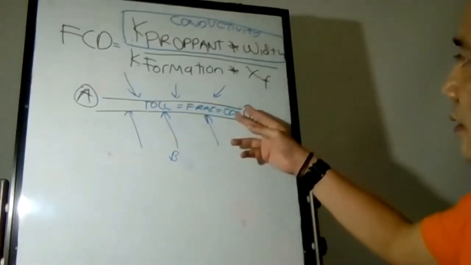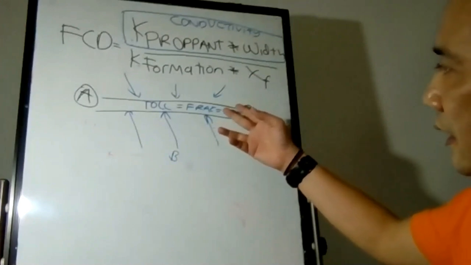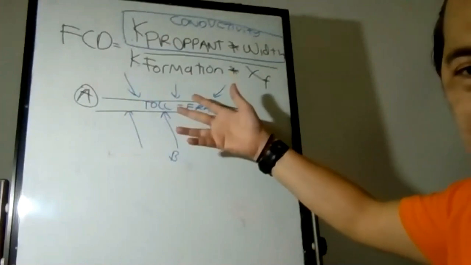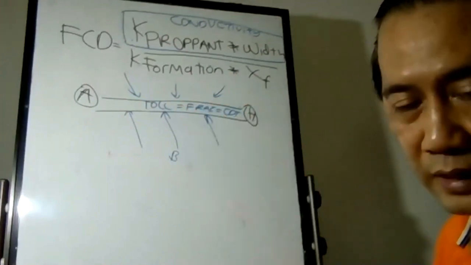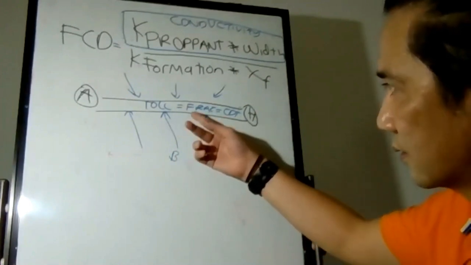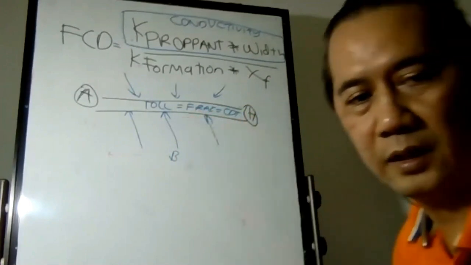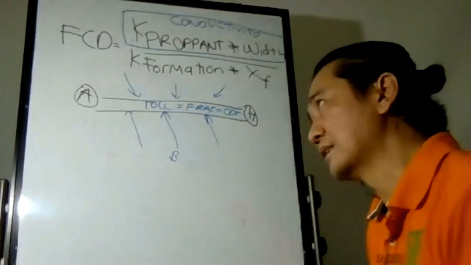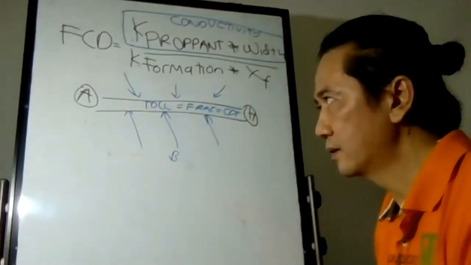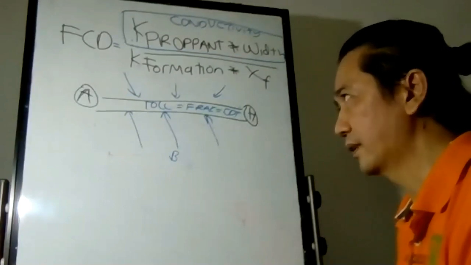Let's say your toll can accommodate fewer cars, but the supply road sends 100 cars. What happens? 100 cars try to get into the toll road, but the toll road can only accommodate 10 cars at one time. Then there will be a traffic jam in your toll road, okay?